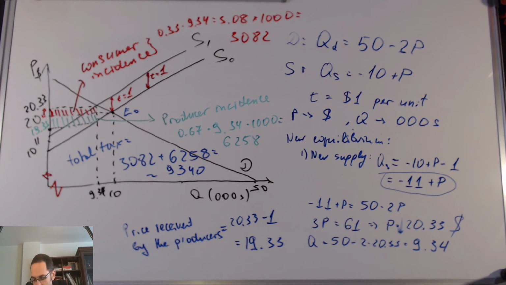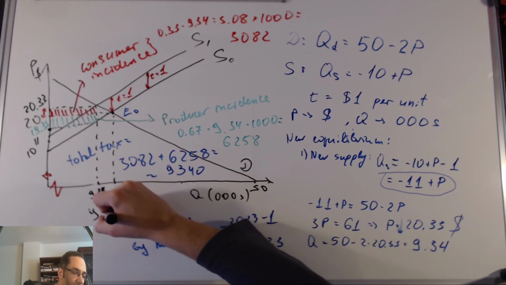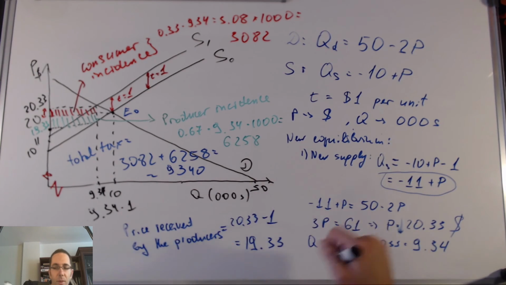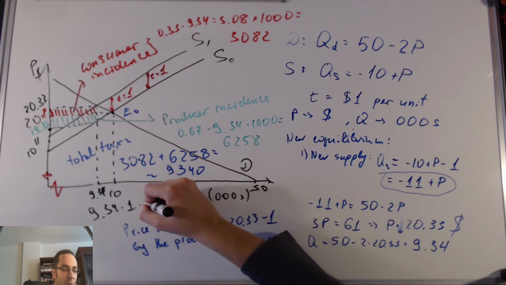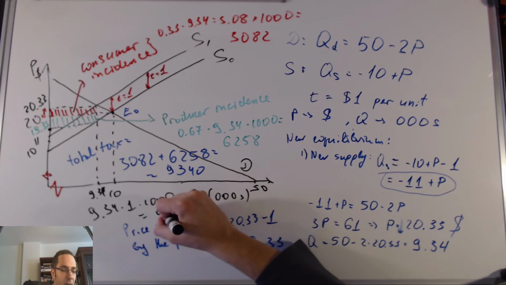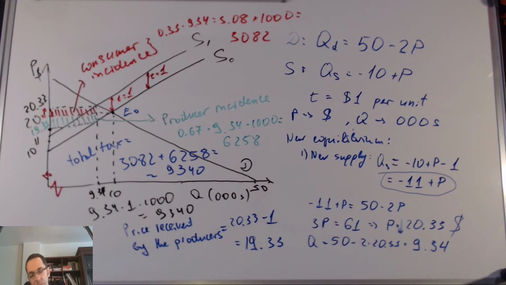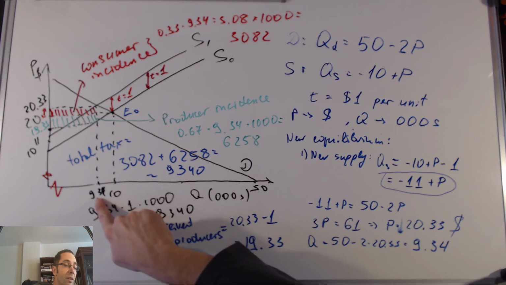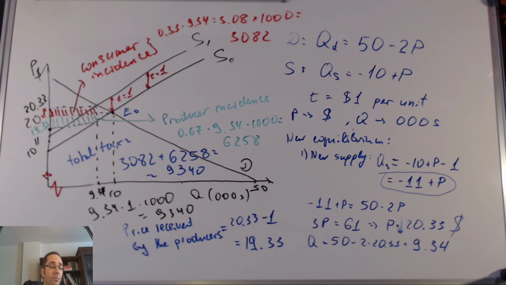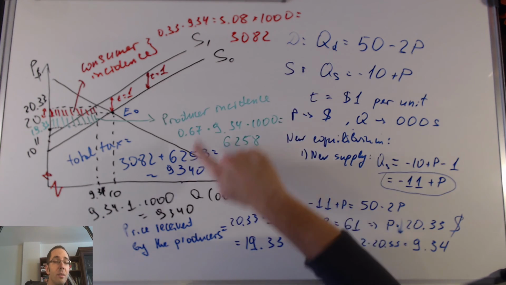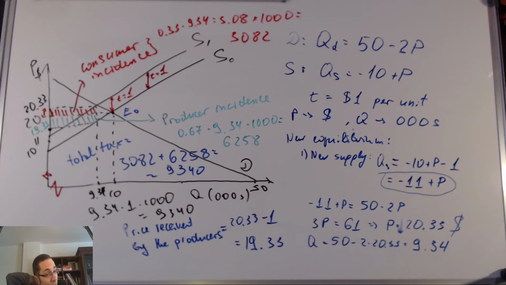Which actually makes sense, because another easier way to calculate our tax would be to simply do 9.34 units times 1, which is the tax, times 1000, and we get 9,340. So we can get the tax revenue simply by calculating the quantity times the tax, or we can do it in this slightly more complicated way, where we calculated the consumer incidence and the producer incidence.